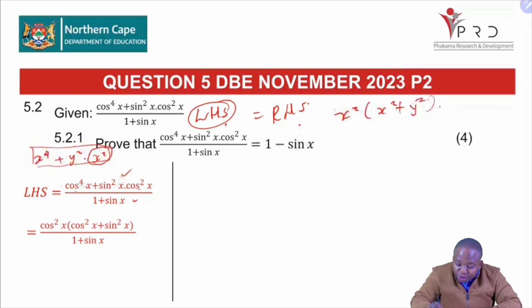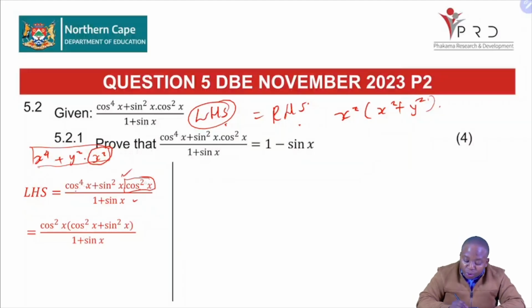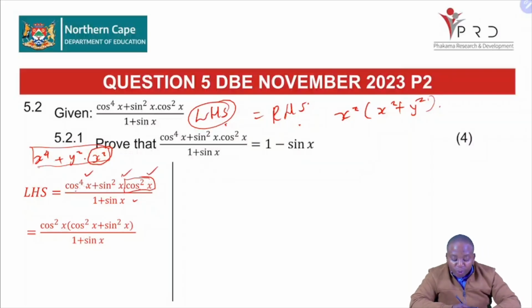We can see that x squared is actually our cos squared x. So cos squared x is going to be our common factor. I pull out cos squared x as a common factor. For the first term, I will remain with cos squared x plus sine squared x multiplied by 1, because I'm going to get 1 right there after pulling that out.